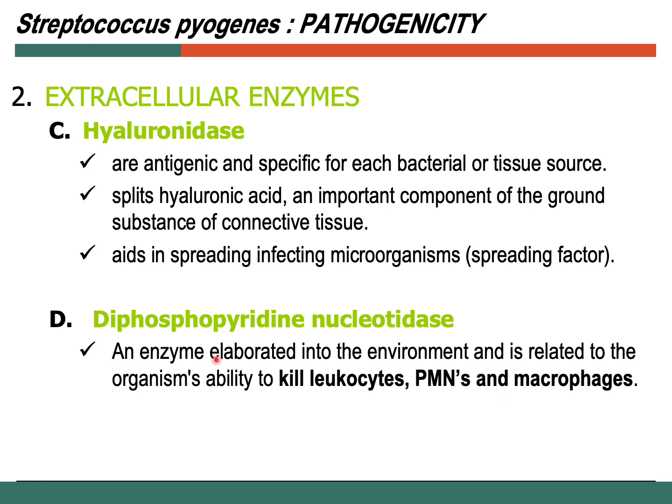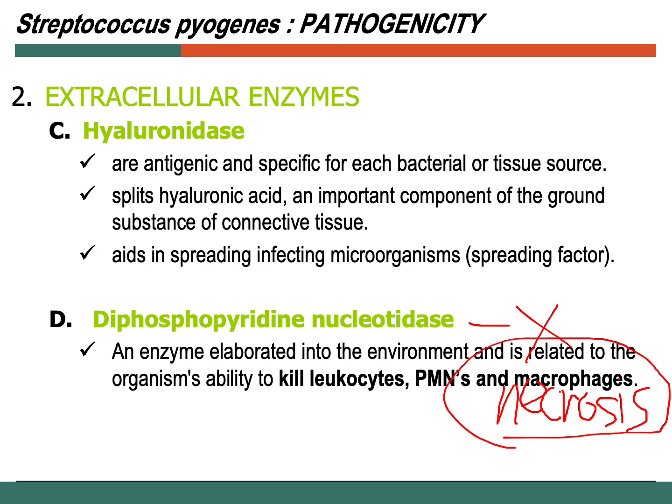But what is the difference between this and the leukocidin? This extracellular enzyme does not produce necrosis. But your PVL, your Panton-Valentine leukocidin, results in necrosis. But this one, no.